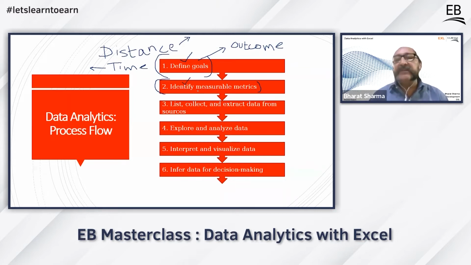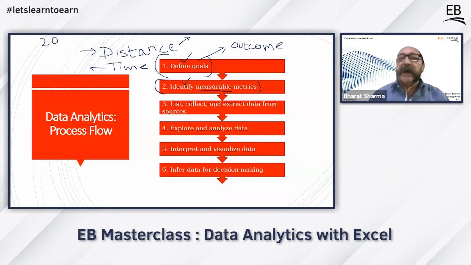Now, why measurable? Because anything that cannot be measured cannot be improved or acted on. So we need to find all those metrics that can be measured so that I know what it is today. Let's say I take 20 minutes, and I collect this data. So my goal is to reduce the time that I'm taking.